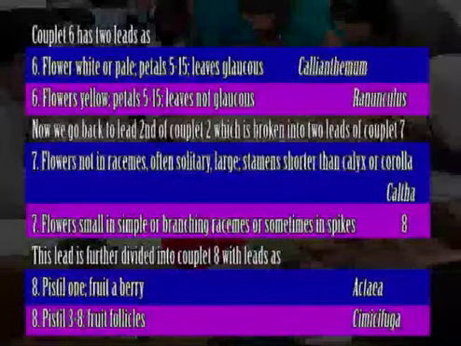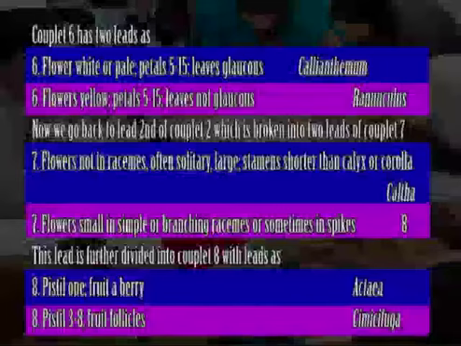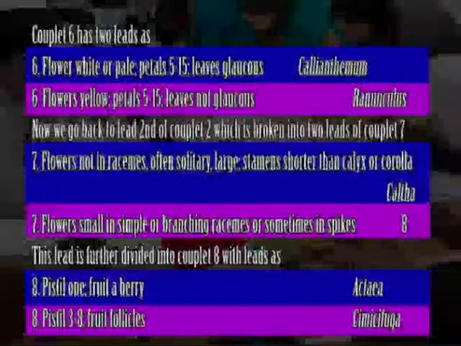Now, we go back to the second lead of couplet 2, which is broken into two leads of couplet 7. The first lead is flowers not in racemes, often solitary, large, stamens shorter than calyx or corolla.